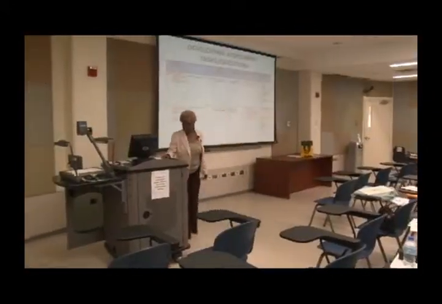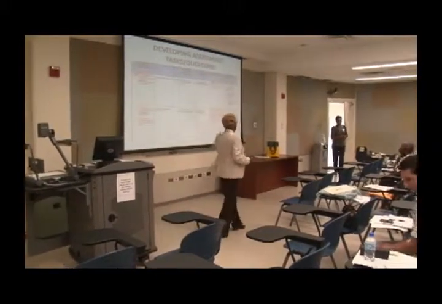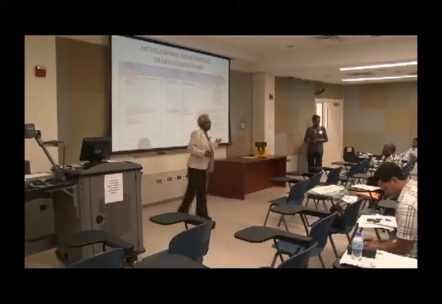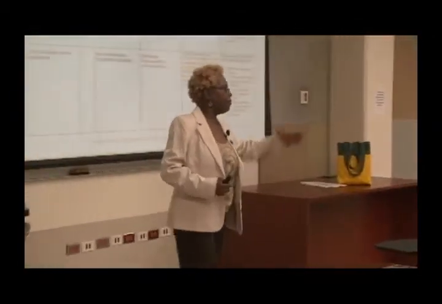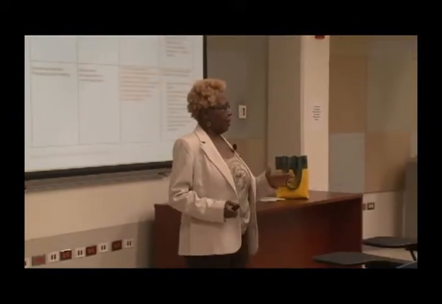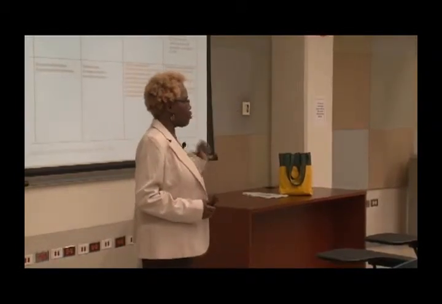I'm hoping you're getting, and tell me if I'm wrong, how the various course components evolve from your learning outcomes. But I want to tell you that it is not a one-way street.